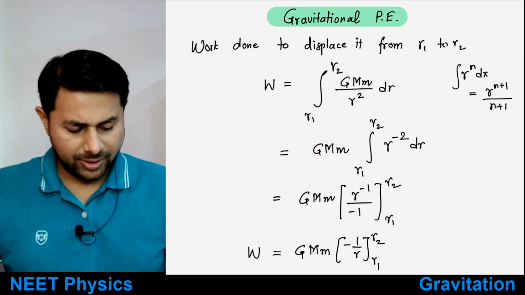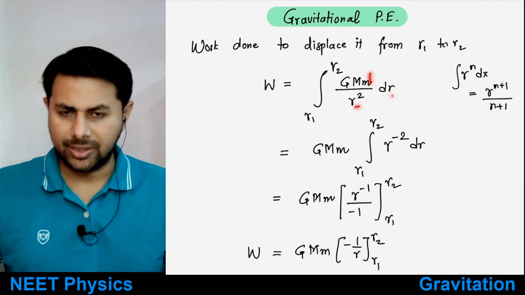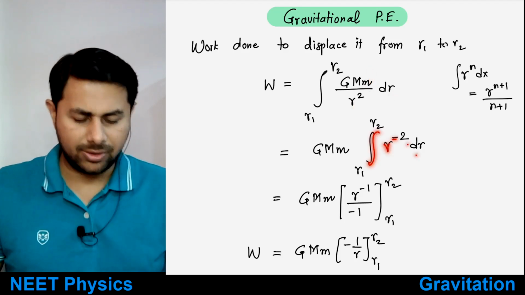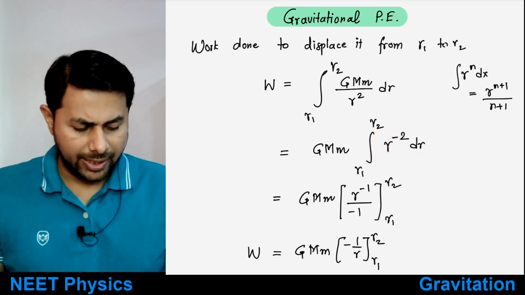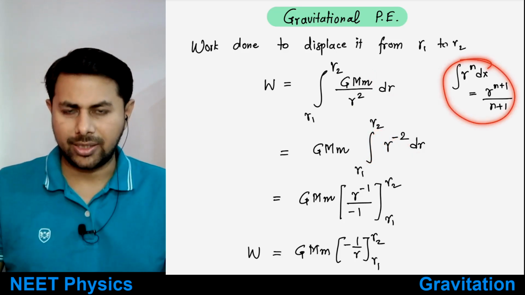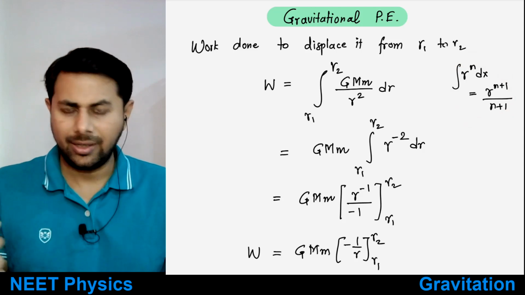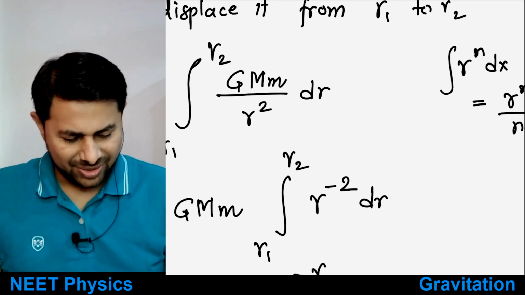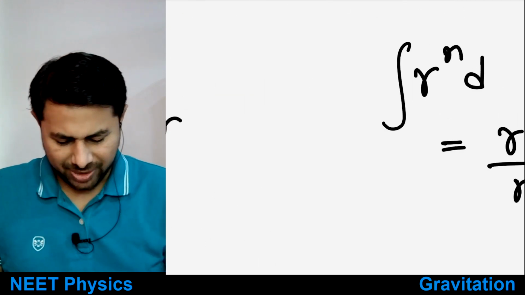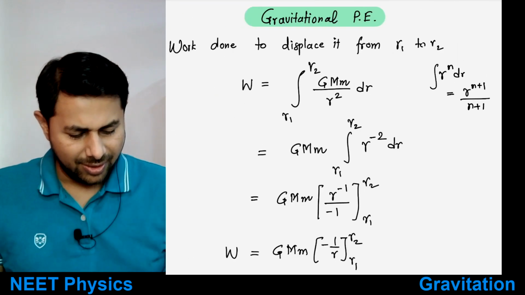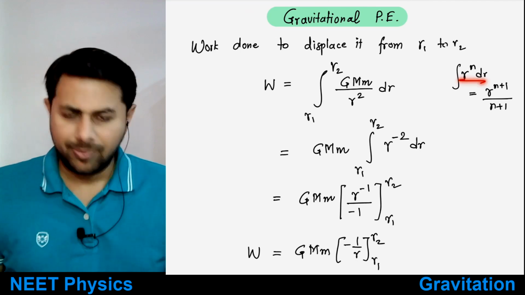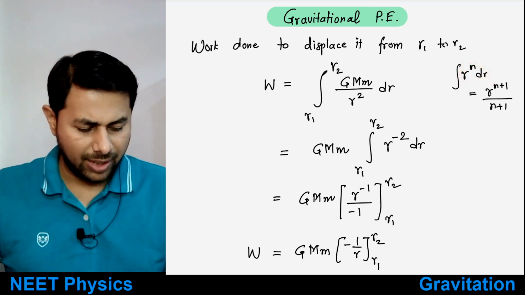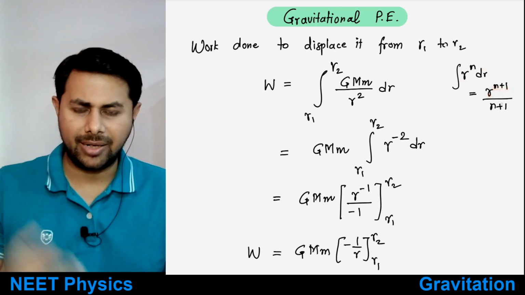What remains is the integration of 1 upon r square dr, which you can say is the integration of r raised to minus 2 dr. You have this formula: integration of r raised to n dr is equal to r raised to n plus 1 divided by n plus 1.